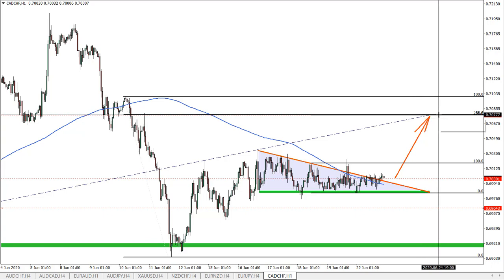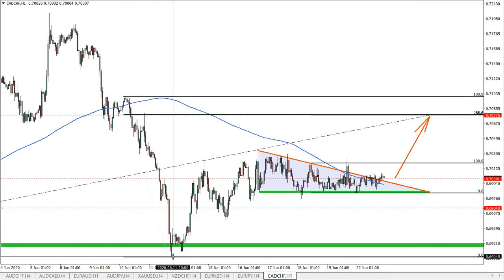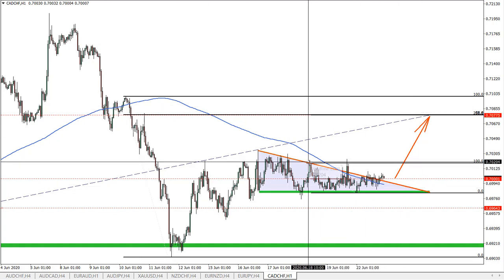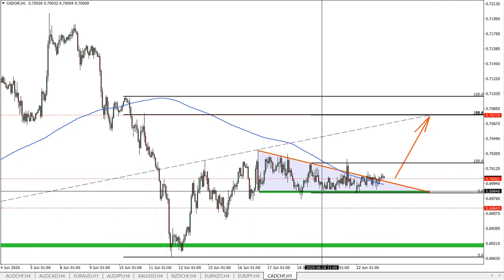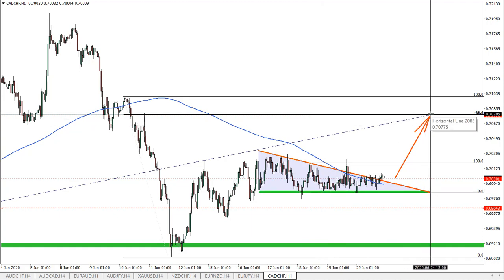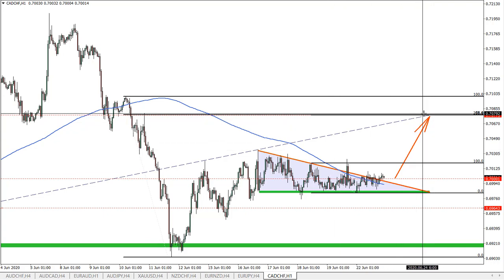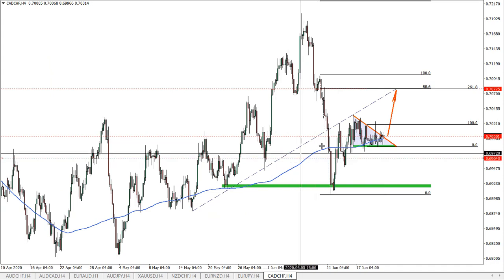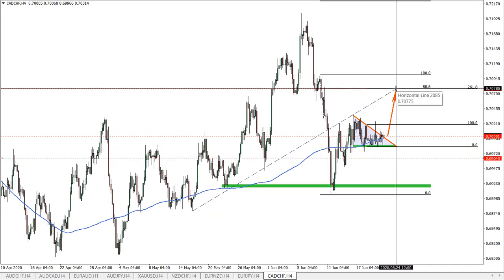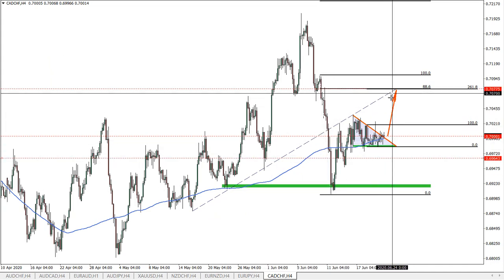Here we have two Fibonacci levels: 188.6% applied to this last wave to the downside, and the second one, from the correction when the price rejected the support level, is 261.8. So two of them at the same price at 0.7077. This resistance also corresponds to the uptrend trend line. Basically, the uptrend trend line has been broken, and now we could be seeing a move towards this resistance.